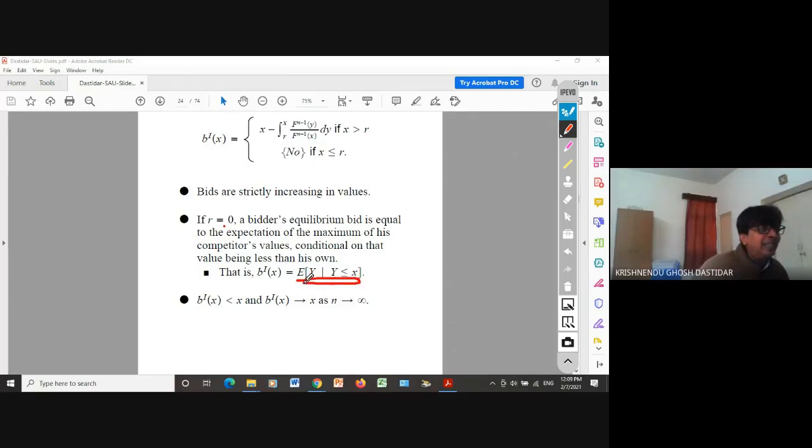It's a very interesting conclusion. And of course, all bids are less than values, and as n goes up, bids go up, and the limit reaches your value. More competition induces bidders to bid higher.